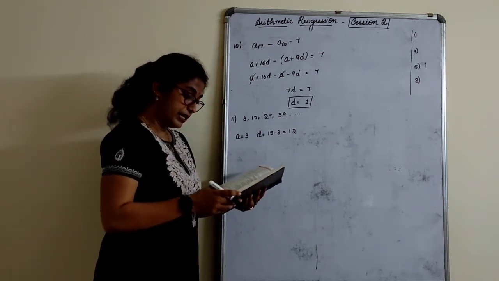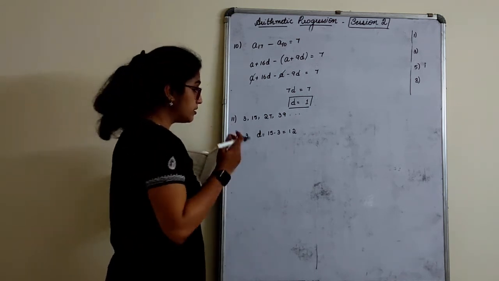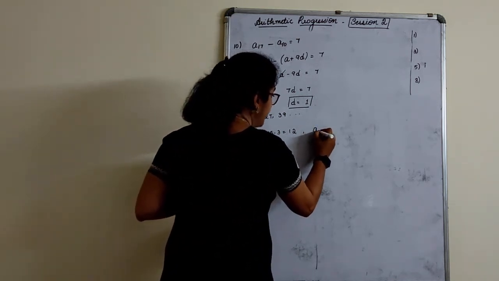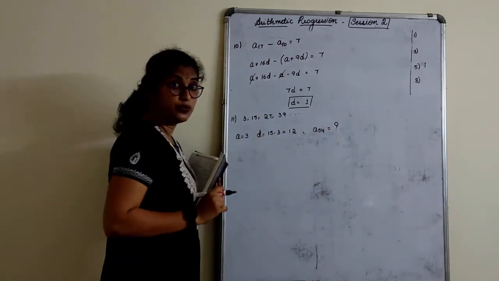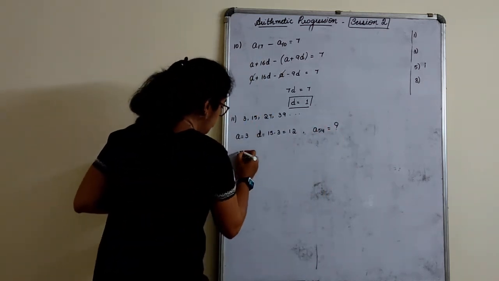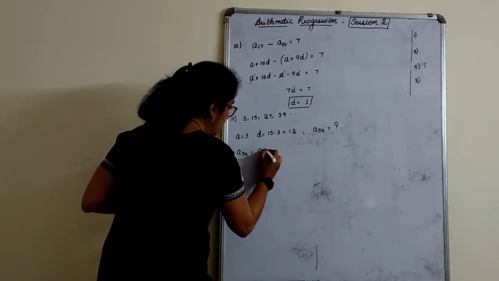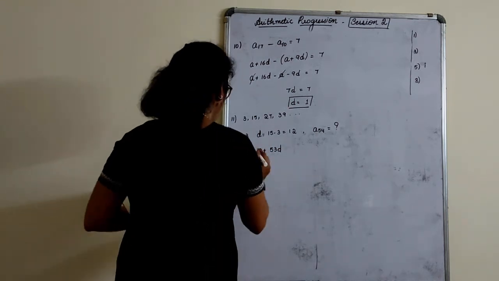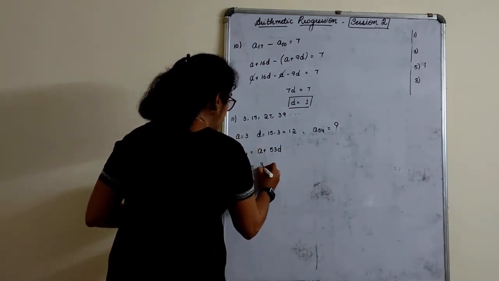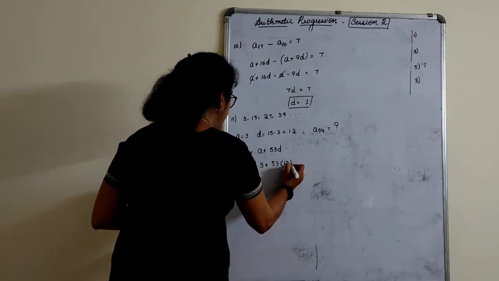Okay, come to the question. Which term of the AP will be 132 more than its 54th term? First of all, find the 54th term. How much is it? Then we'll apply it to the given question again. Okay. So A54 is equal to A plus 53D, right? So A is what? 3. 53 into 12.